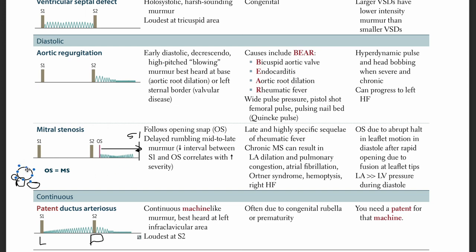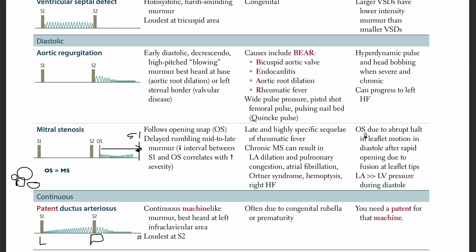So if pressure is built up here, the blood coming from the lungs is going to be backed up. So that's where you get the pulmonary congestion. Then you have Ortner syndrome, hemoptysis. You bleed through there as well in your mouth. Right heart failure, right? Because you get that Eisenmenger syndrome happening. We'll learn about that too.